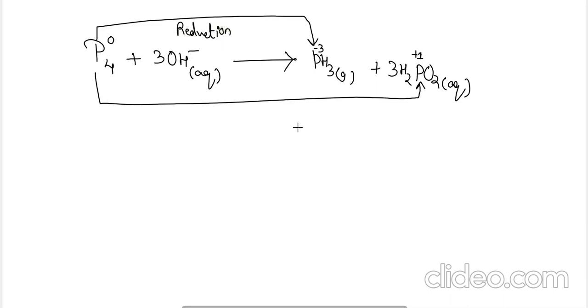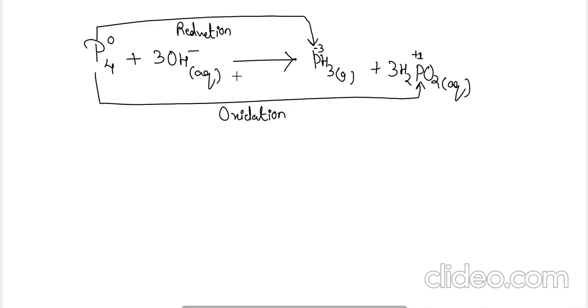In phosphorus acid the oxidation state has increased from 0 to +1, so oxidation has occurred. This is the reaction for phosphorus where disproportionation is seen.